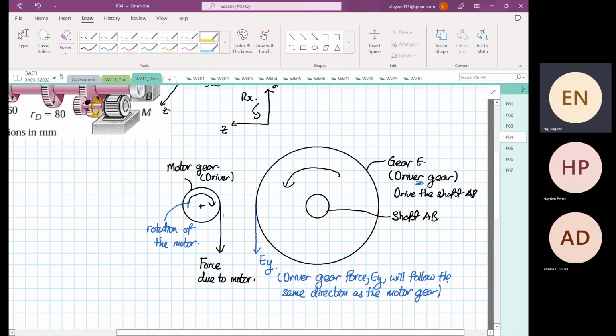So these two directions are the same. Okay, right? So now, this is the easy part. Okay, this is straightforward to understand.